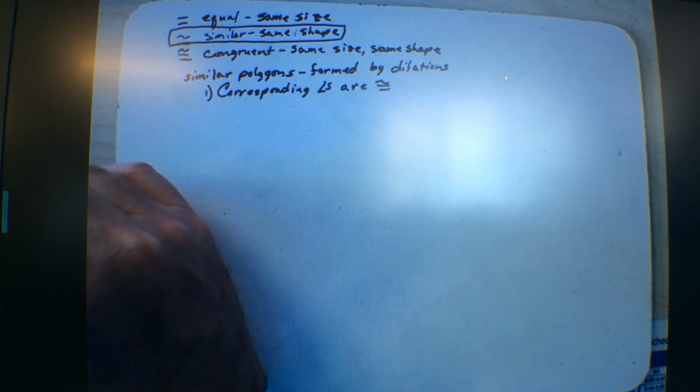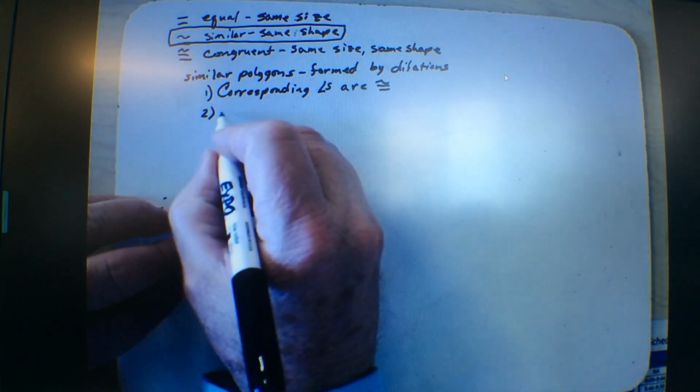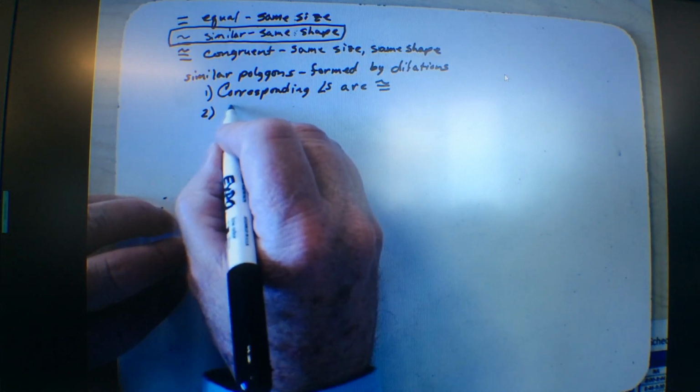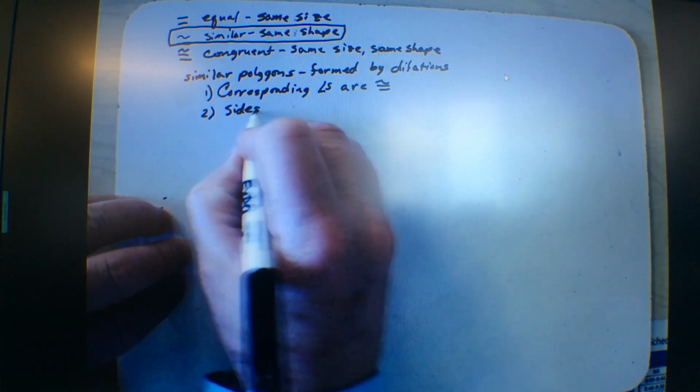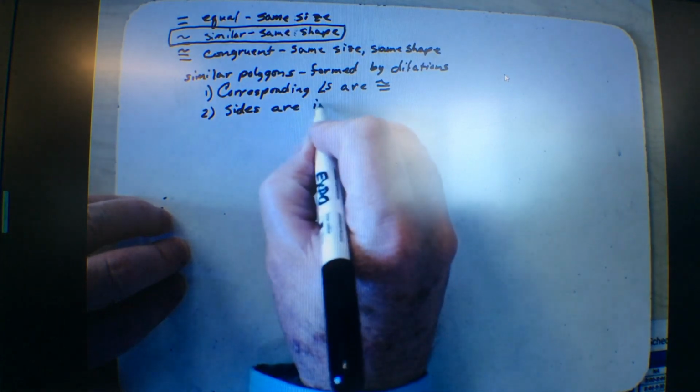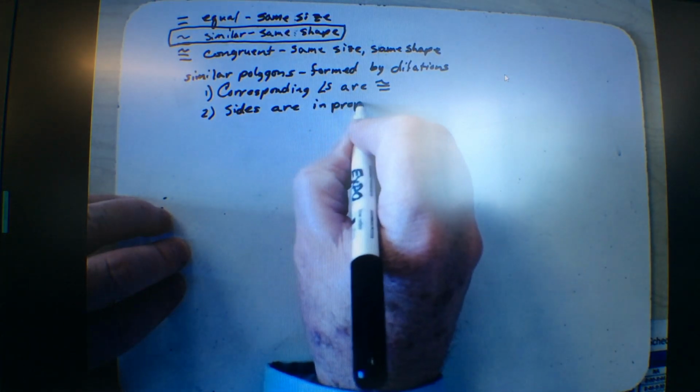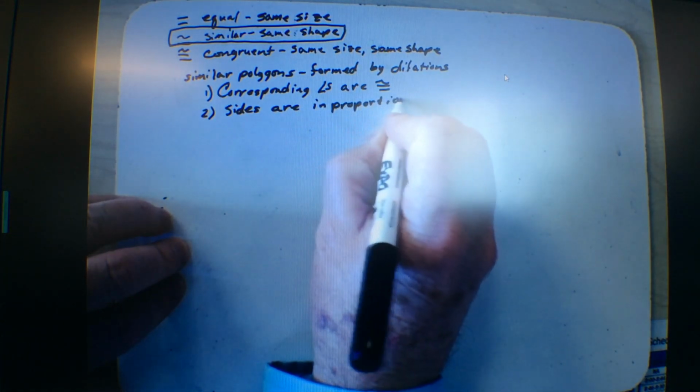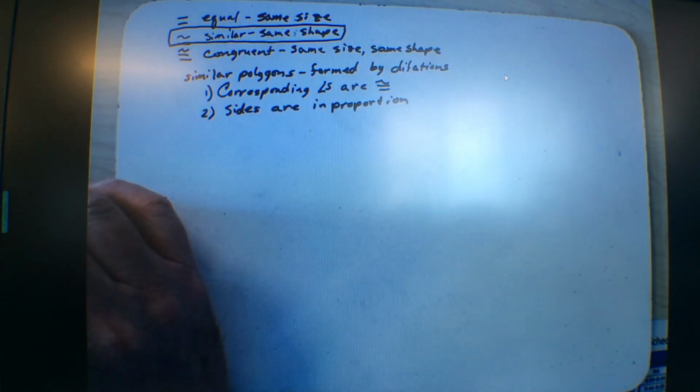That means however many angles there are, they match up with the other one's angles, and they have the same measure. The second thing is that sides are in proportion.